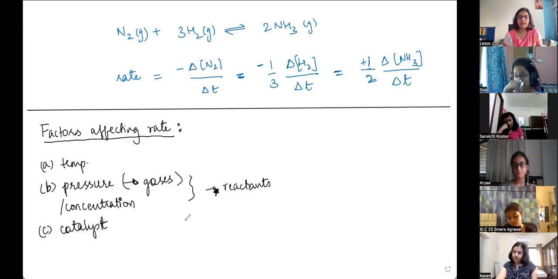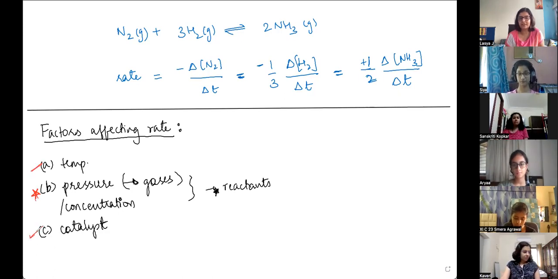Okay. So we will be focusing mainly on pressure first, and then we look at temperature and catalyst. You don't have this in detail, in terms of numericals and formulas and all that. You'll be focusing mainly on the concentration of the reactants.